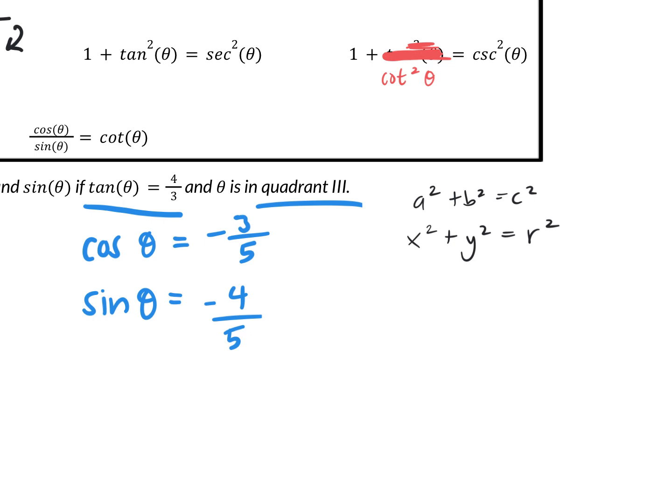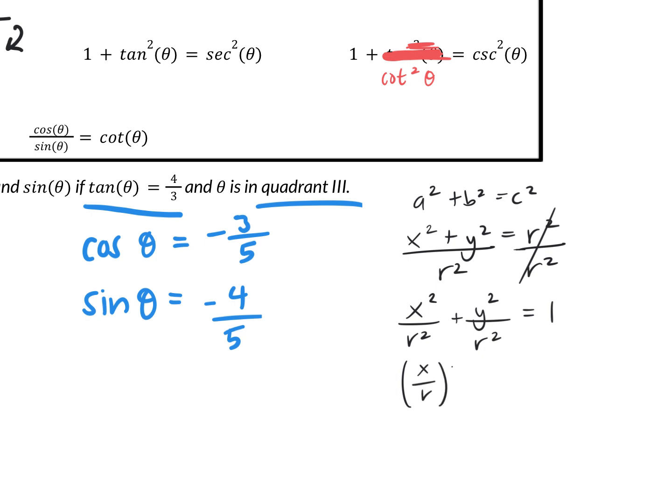Divide by 10, right? So I'm just going to divide all of this stuff by r squared. Okay, that goes away. I'm left with x squared over r squared plus y squared over r squared, and that's equal to 1. Now, do you guys agree that I could rewrite this as x over r, squared, plus y over r, squared, is equal to 1?